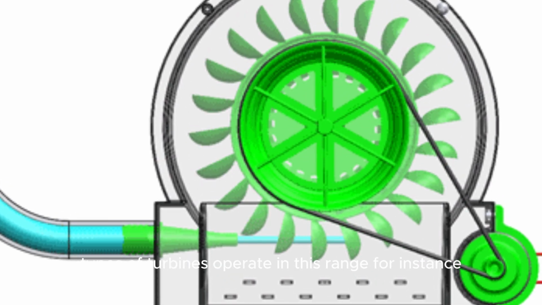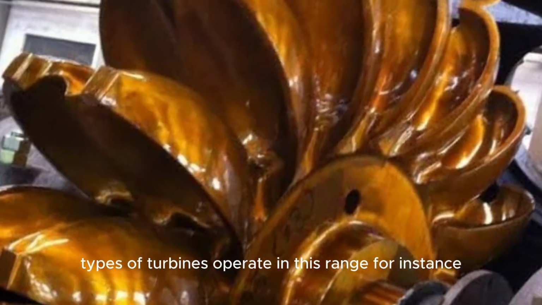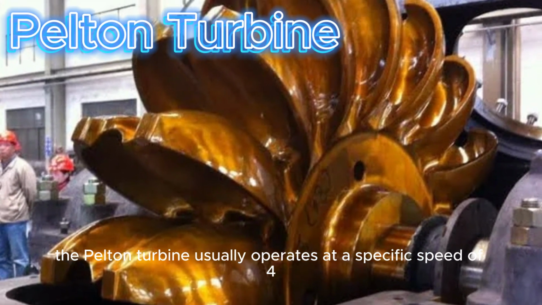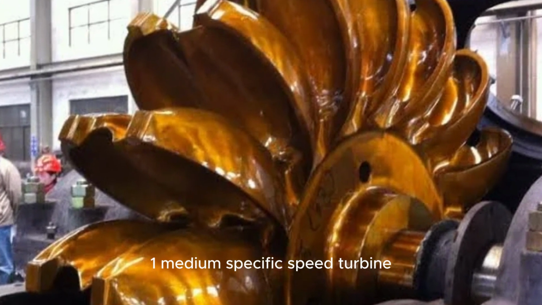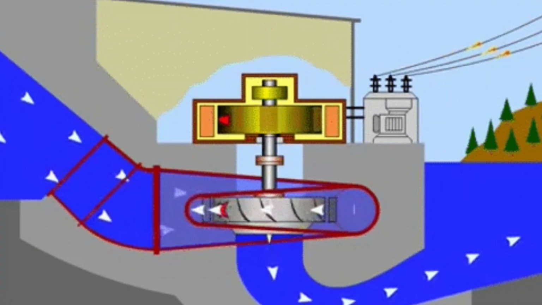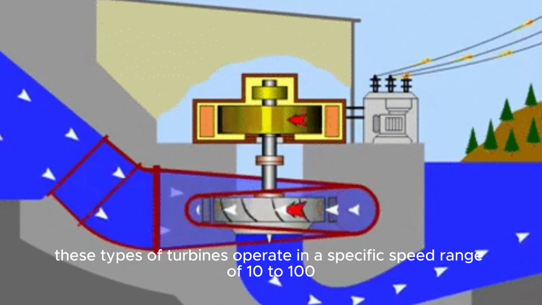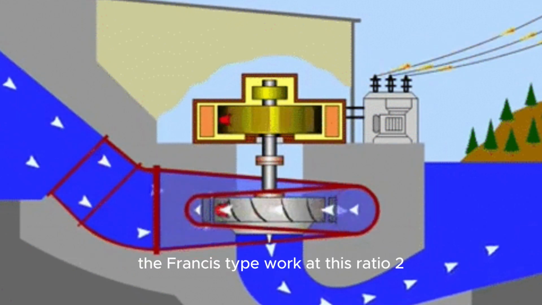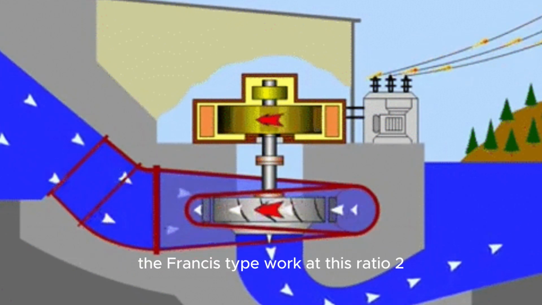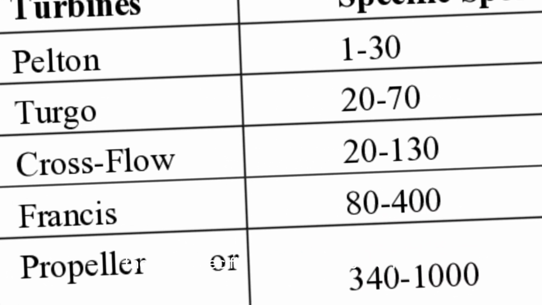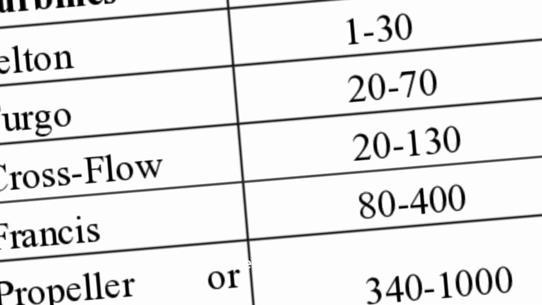Impulse types of turbines operate in this range. For instance, the Pelton turbine usually operates at a specific speed of 4. Medium specific speed turbine. These types of turbines operate in a specific speed range of 10 to 100. The Francis type works at this ratio. High specific speed turbine. The high specific speeds are above 100, which is how the Kaplan turbine works.